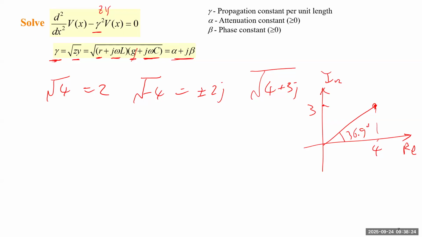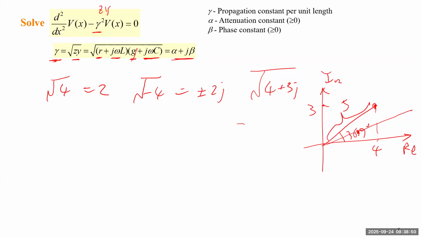So how do we calculate the square root? There are many different ways to define the square root. If we know the square root, and the square root multiplied by itself will give you this complex number. So one thing you can do is find a direction which has an angle half of this angle. And the length is just the square root of, because this distance is 5, right?